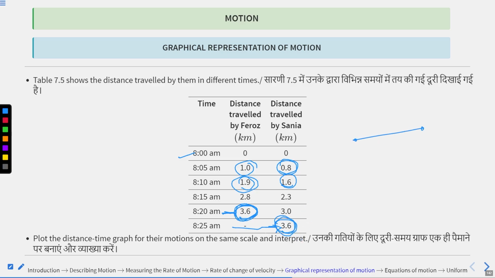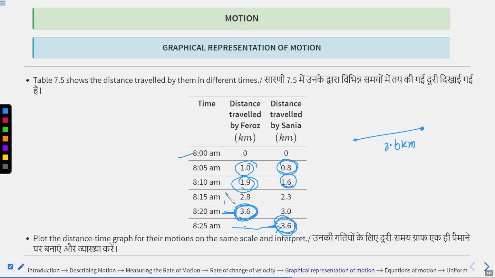So the distance between their home and school is 3.6 kilometers, and this is the time taken by Feroz and Sanya to reach certain distances. You have to plot the distance time graph and try to interpret their velocity and their accelerations. Try to find these out.